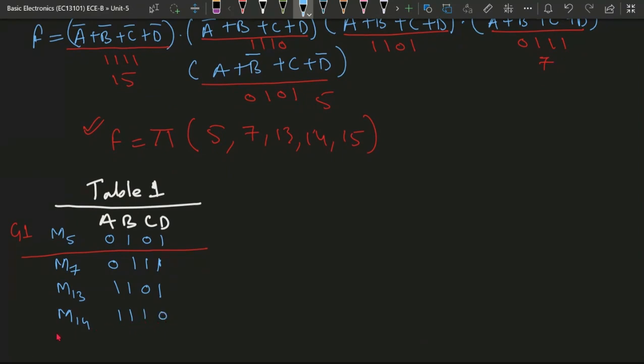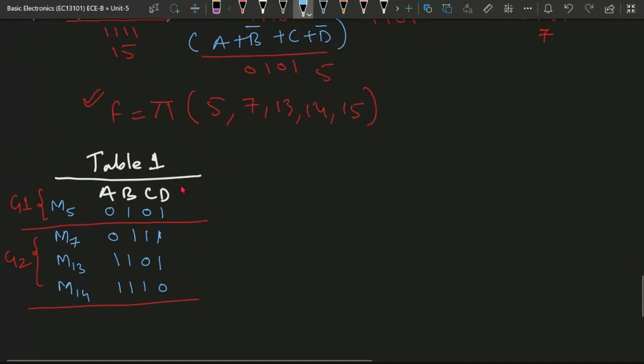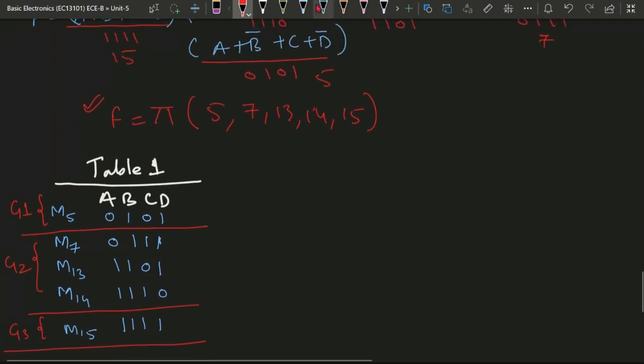This will be group 2. Similarly, group 3 will be M15 only. M15 has all 4 ones. So that is group 3. All the groups have been done for table 1.